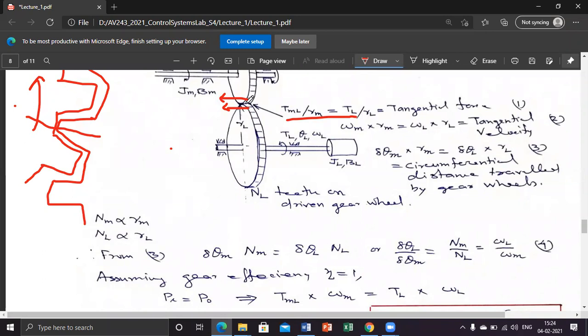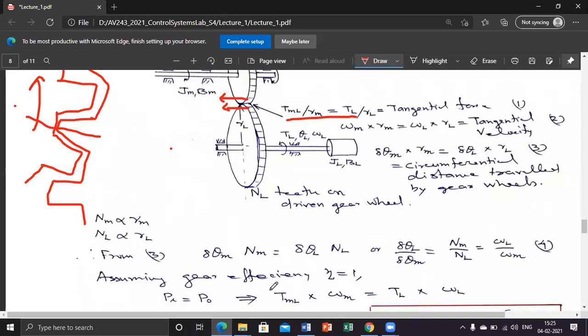The distance traveled, expressed at the circumferential point, is equal to delta theta m into Rm. The arc length at the circumference of the driving wheel is equal to the arc length at the circumference of the driven wheel, since these are the arcs which are just in contact, and they move together.